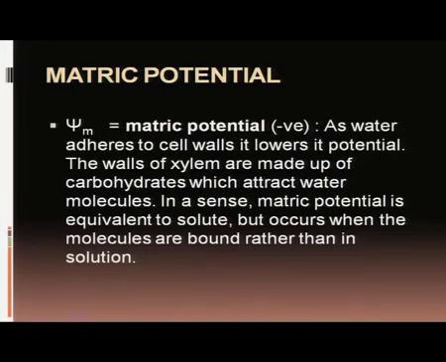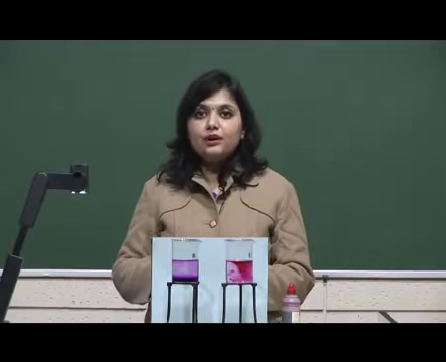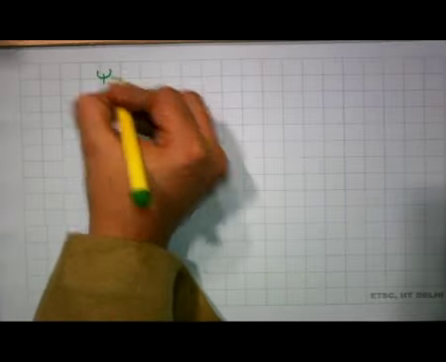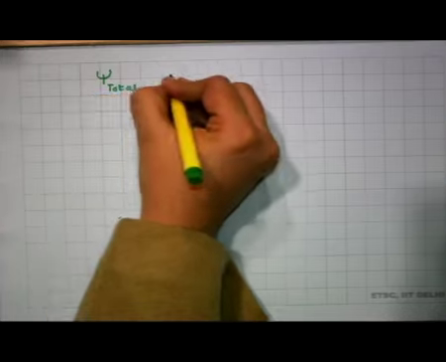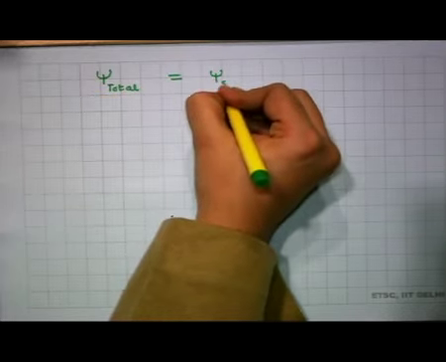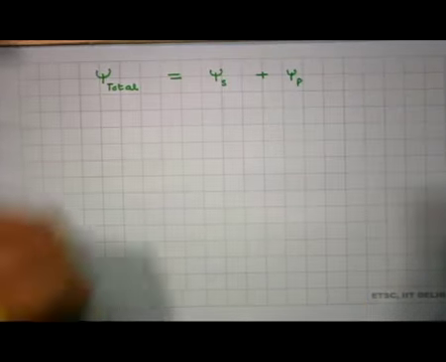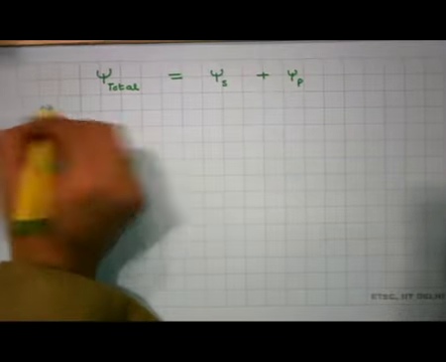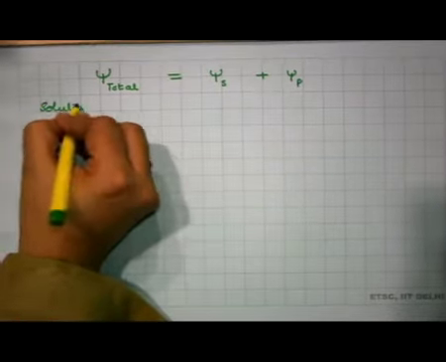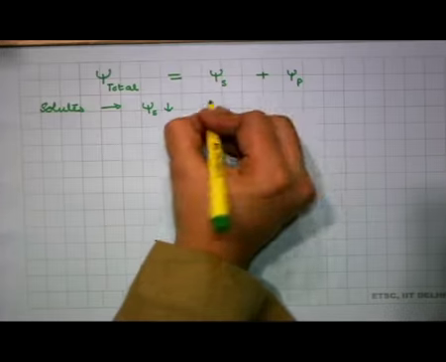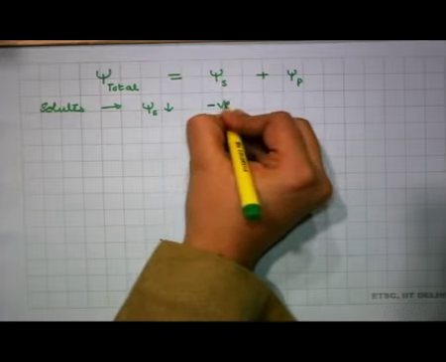What we need to remember is that for the sake of simplicity, we will ignore the matric potential and gravitational potential for a while, and we will talk about only the solute potential. So, the water potential of a system, that is psi total, is the sum of solute potential and the pressure potential. This is one thing that we have to remember. Secondly, because of the addition of solutes, the solute potential is lowered. So, that means solute potential will have a negative effect.